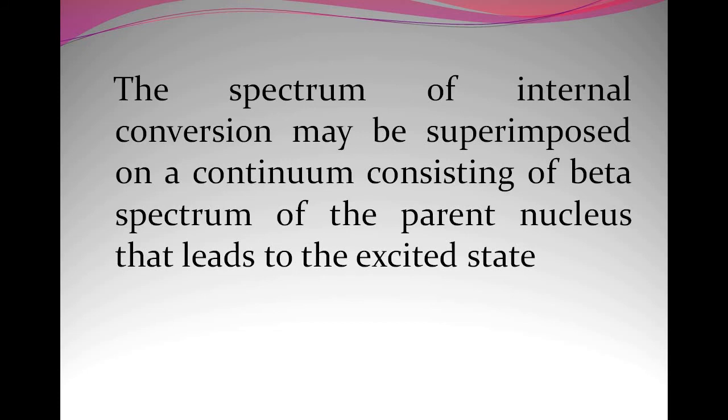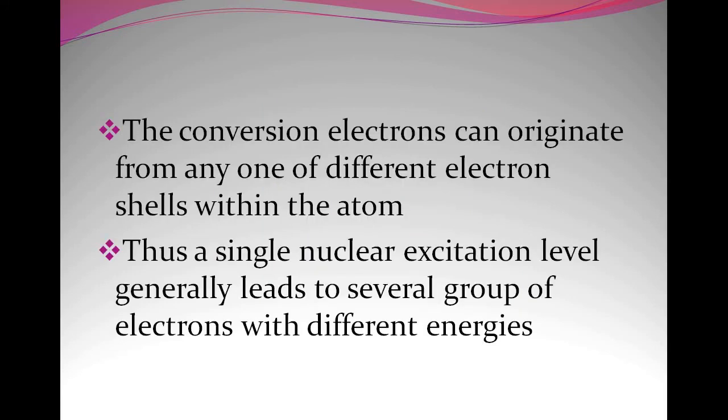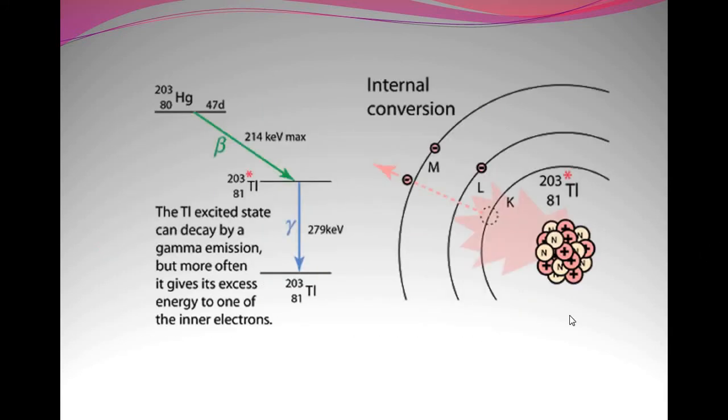The spectrum of the internal conversion may be superimposed on a continuum consisting of the beta spectrum of the parent nucleus that leads to the excited state. We have already shown this. Here you have a beta spectrum, and after this beta spectrum you are getting an internal conversion.